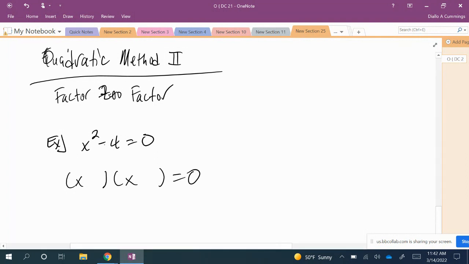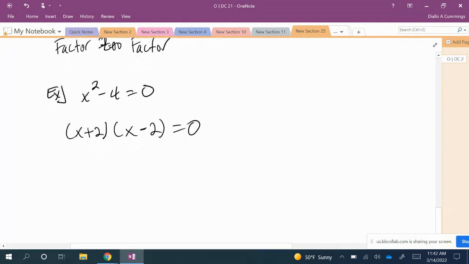So my last term is negative. That means one of my numbers is positive, one of my numbers is negative. So in this case, I'm going to use 2 and 2, right? Because if you were to multiply x plus 2 times x minus 2, we would get x squared minus 4.